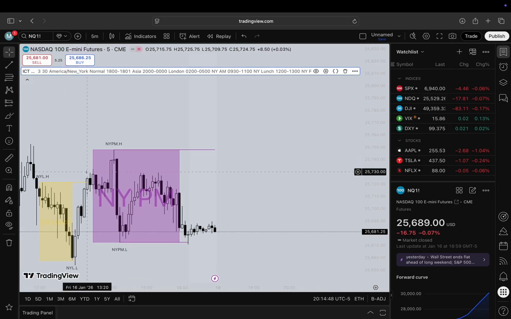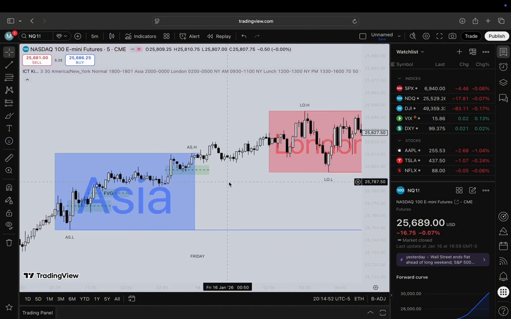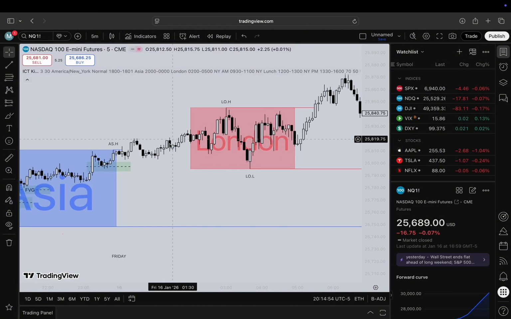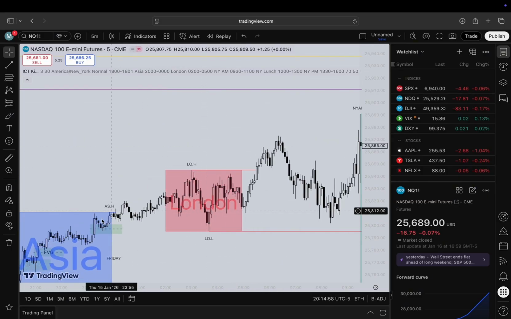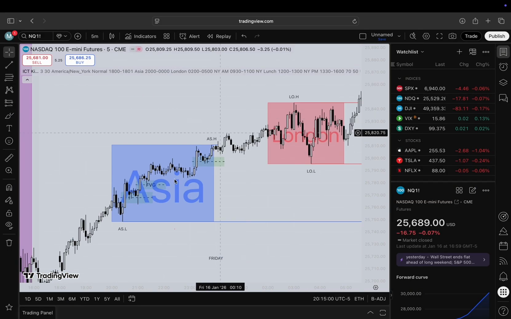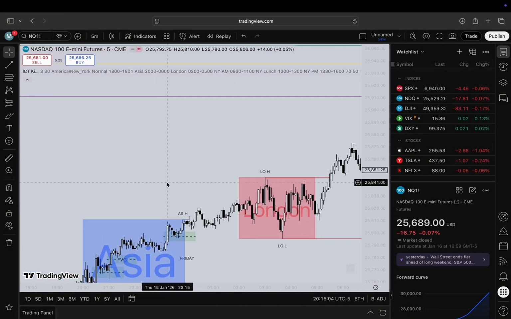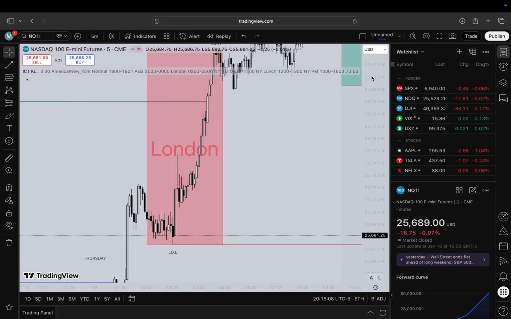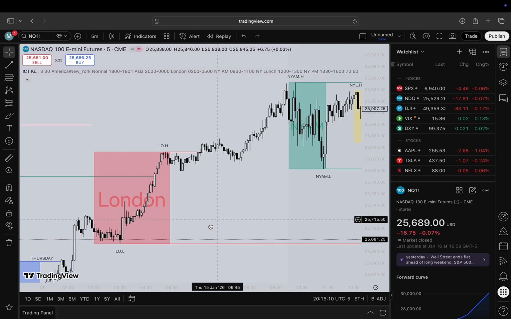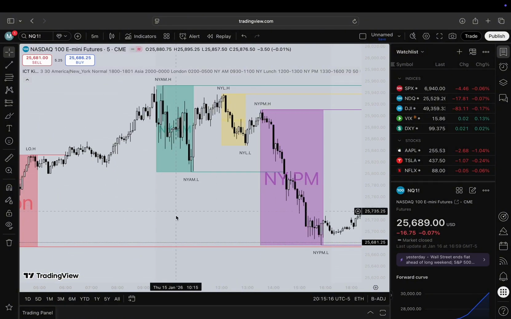Right, we have Asia session here, right? We sweep Asia highs here. We sweep London highs, right? So this is already a sweep of both sessions, right? So this is a sweep of previous day sessions, right? And we continue lower. If we go back to the previous day, we get a sweep of London highs, trade lower.